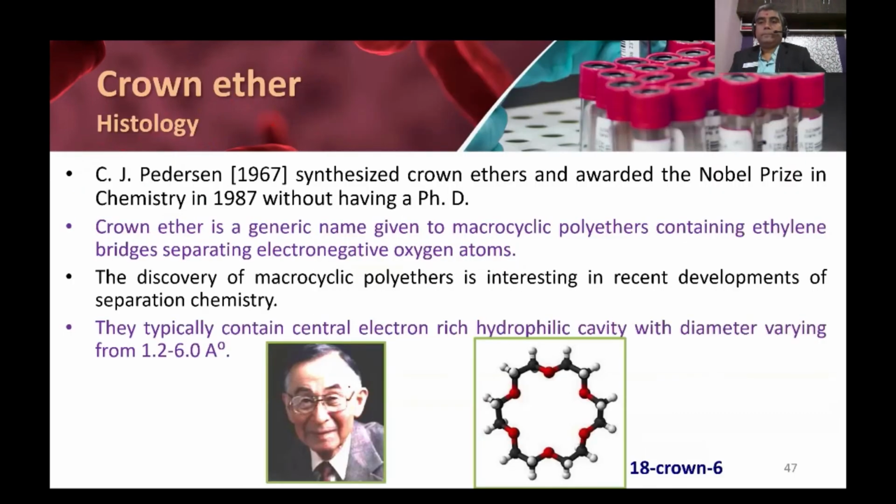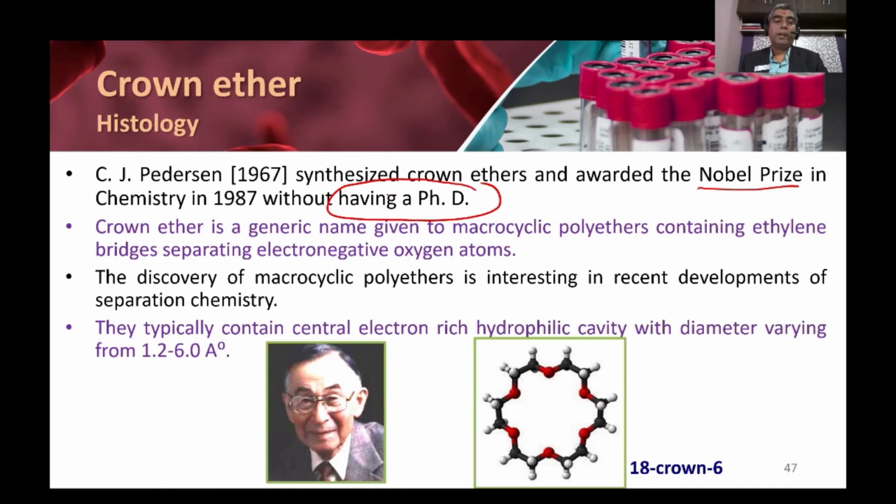The second and very important generation of supramolecules, that is crown ether. History of crown ether: C.J. Pedersen in 1967 synthesized crown ethers and was awarded the Nobel Prize in chemistry without having a PhD degree.